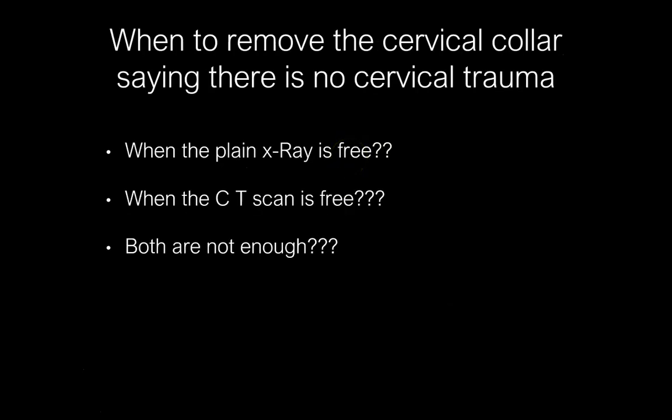Another question often asked is when to remove the cervical collar. As we said, any patient with the 5 conditions, we have to apply a cervical collar. So when to remove the collar? Is it when you do a plain X-ray and it's free? When the CT scan is free, or both are not enough? So let's see.